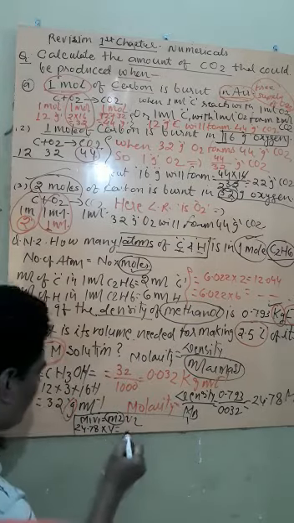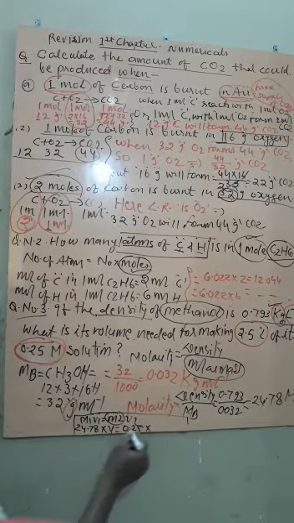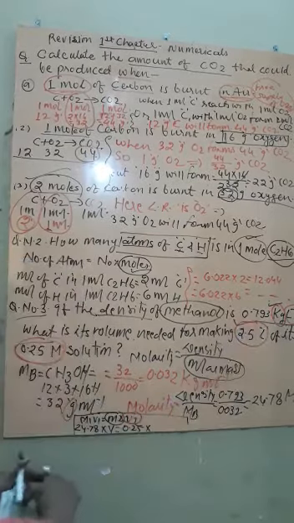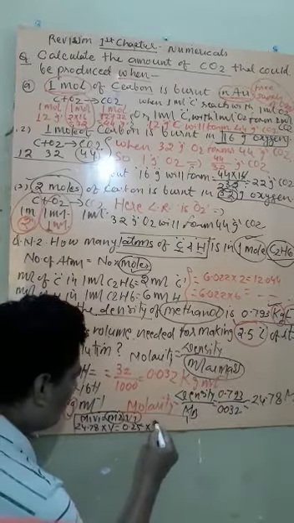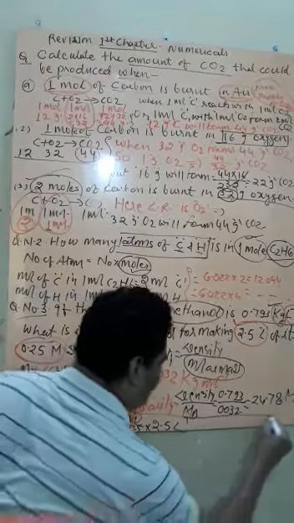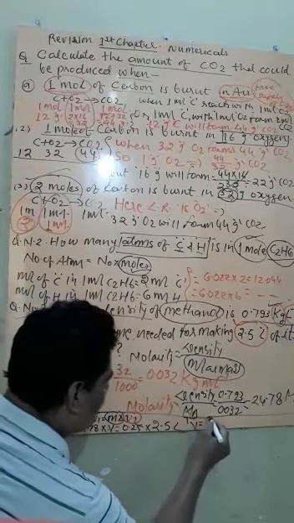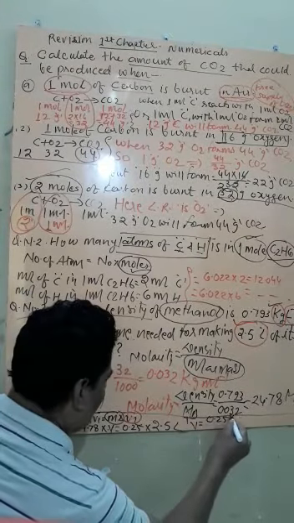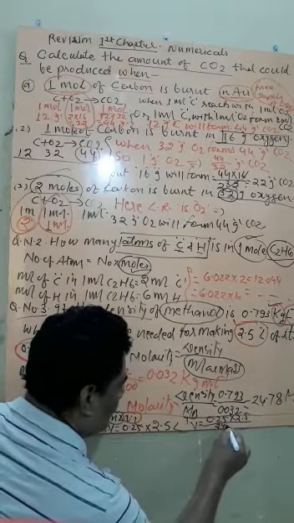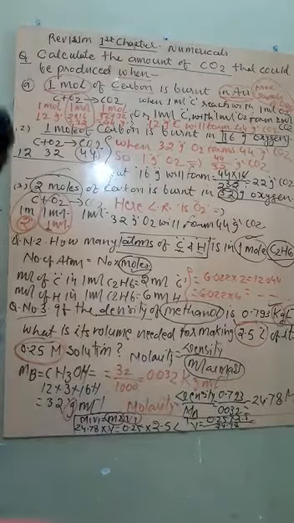So place the value 0.25 multiplied by the volume of the solution, which is 2.5 liter. So V1 is equal to 0.25 multiplied by 2.5 divided by 24.78. Solve it, you will get the answer.